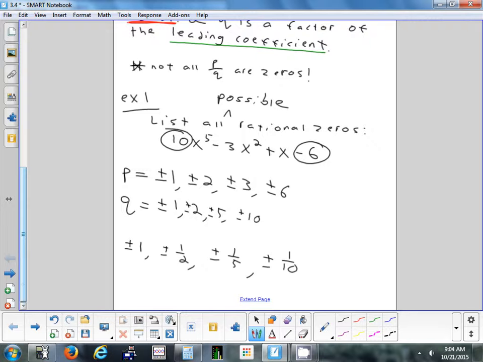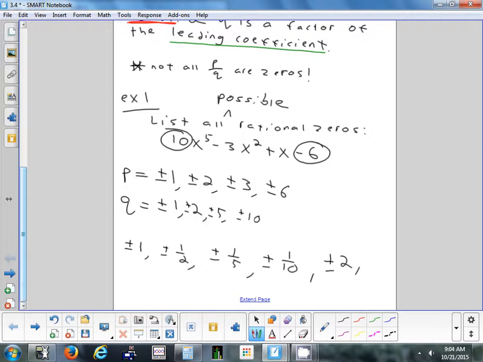Okay, any question on what I just did there? Just took one value for P and tried every different value I could have for Q. Okay, we might see some repeats as we go through. Okay, now I'm going to take 2, and I'm going to list all the possibilities I could have with 2. 2 over 1.